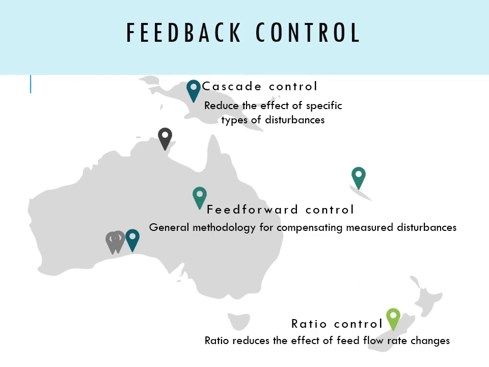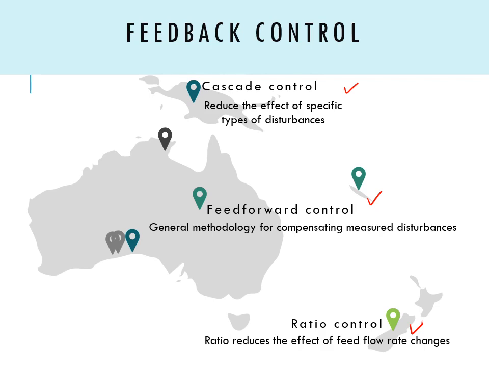For example, what we have learned before, the control systems available in the industry and used by many are cascade control, feed-forward control, and ratio control. So basically, the characteristic of the cascade control is that it reduces the effect of specific types of disturbance. So it is good to overcome the limitation caused by the feedback controller.